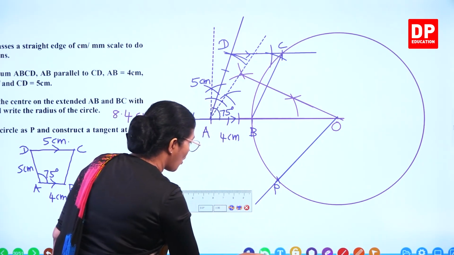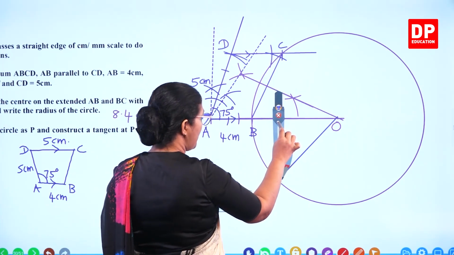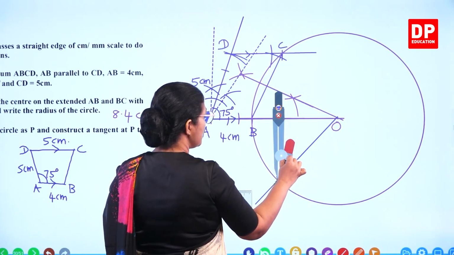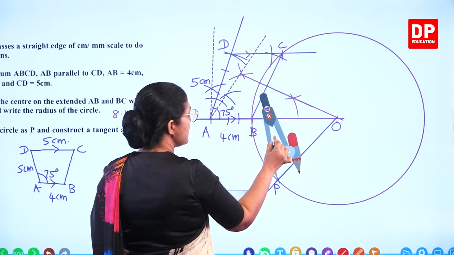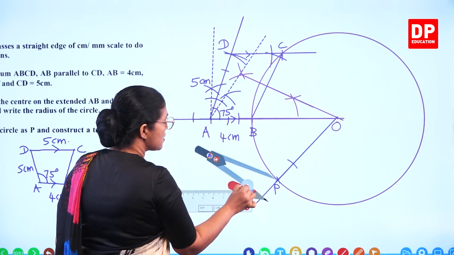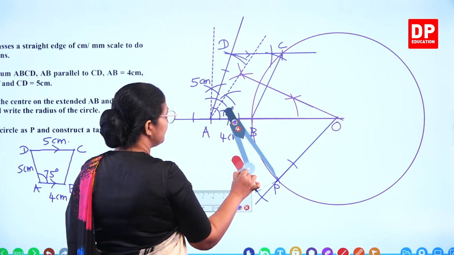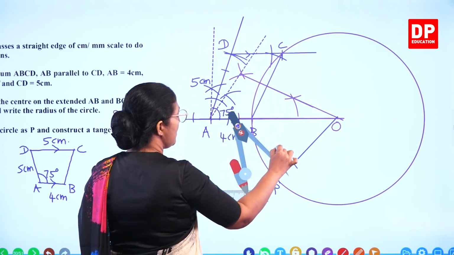So let's take the compass and draw a perpendicular line. How are you going to draw a perpendicular? Take a certain distance. You can draw two arcs on both sides and take a bigger length. Keep it here.